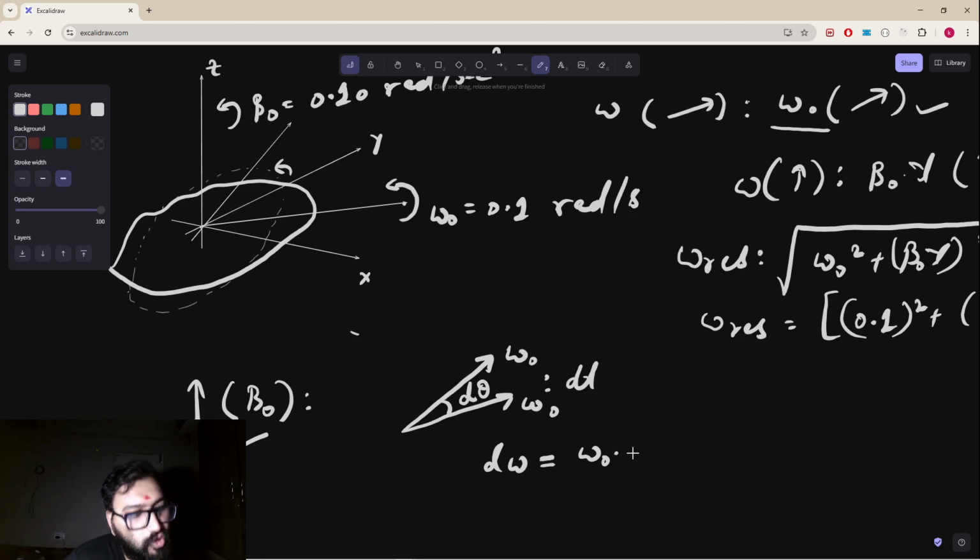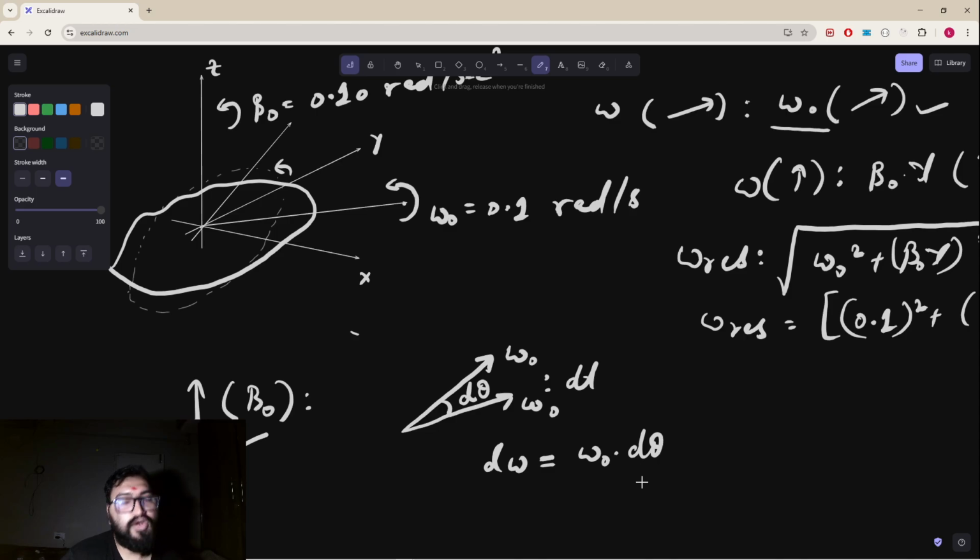It will be omega naught, because the higher the value of omega naught, the higher will be the angular acceleration, right? So it's a proportionality constant only. So d omega equals omega naught into d theta.